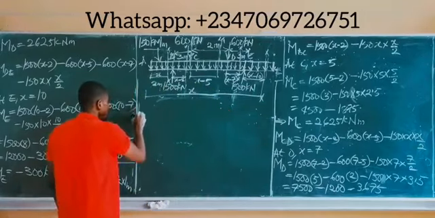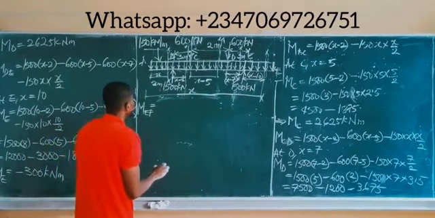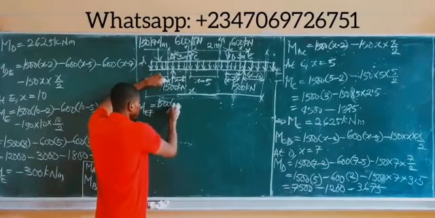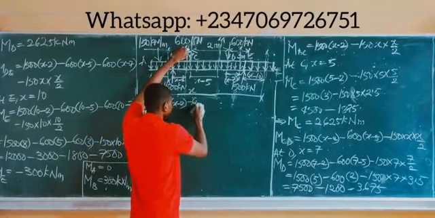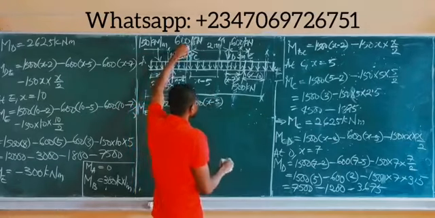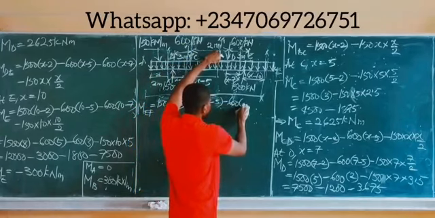So the moment along EF is now equal to, let's start with this force, 1,500 multiplied by x minus 2. Next, minus 600 multiplied by x minus 5. Next, minus 600 multiplied by x minus 7.